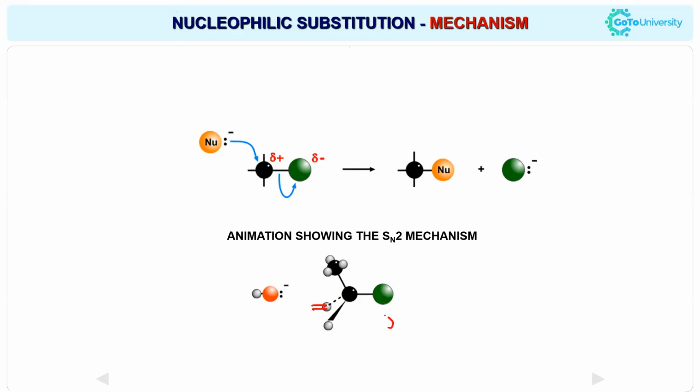Through this side the attack is not possible. The nucleophile cannot come through this side because the leaving group is there. Due to steric repulsion, on the same side in which the chlorine is attached, the attack of the nucleophile is not possible. That is the thing regarding the SN2 mechanism. There will always be a backside attack in SN2.